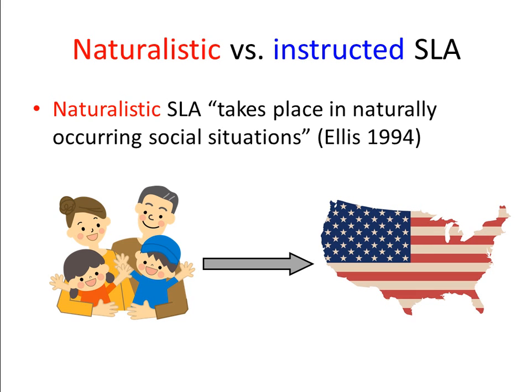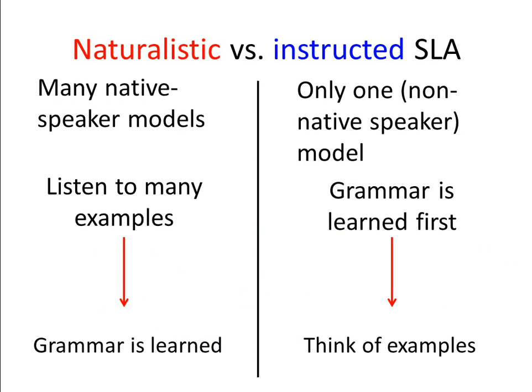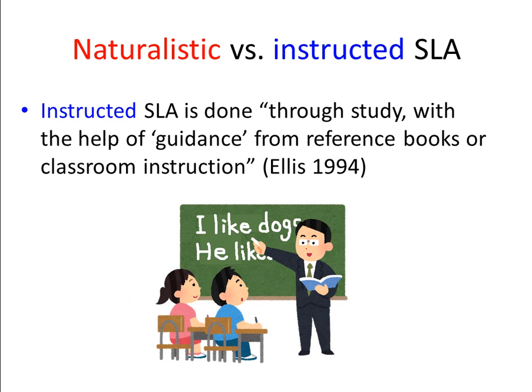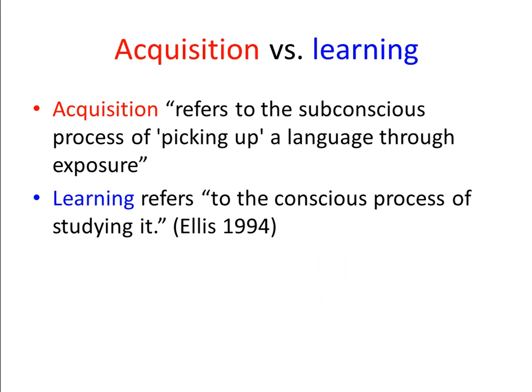So they can acquire English subconsciously or maybe unconsciously. But in this kind of learning, we are consciously studying English, okay? So learning refers to this conscious process of studying it.